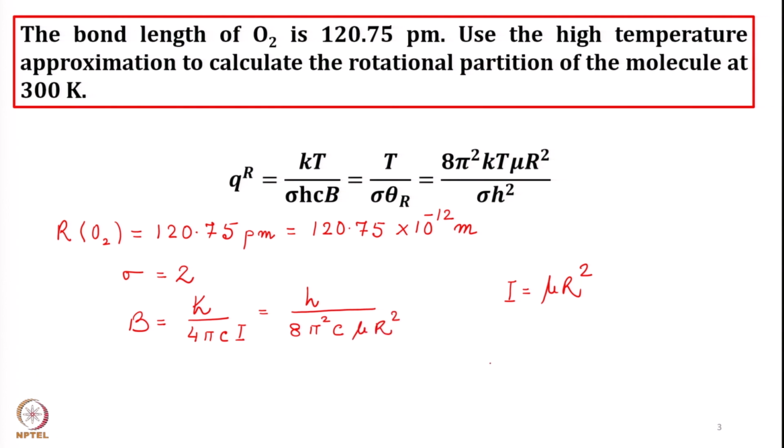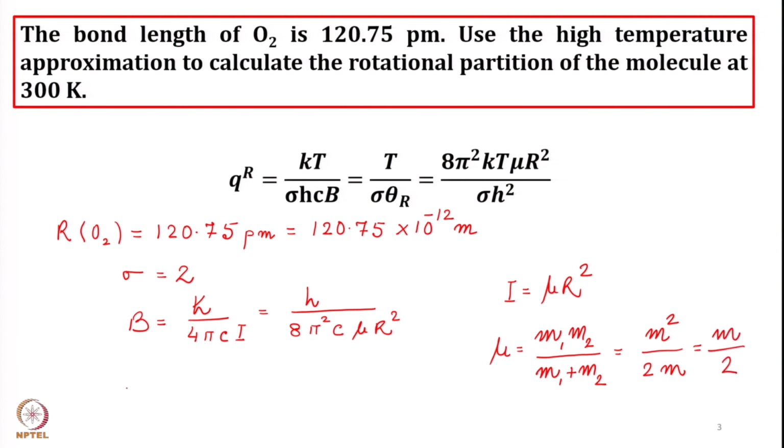And what is mu? Mu is the reduced mass, m1 m2 over m1 plus m2. In the given case, it is oxygen, so both 1 and 2 are oxygen atoms. So this will be equal to m square, where m is the mass of an oxygen atom, over 2m, which is equal to m by 2.